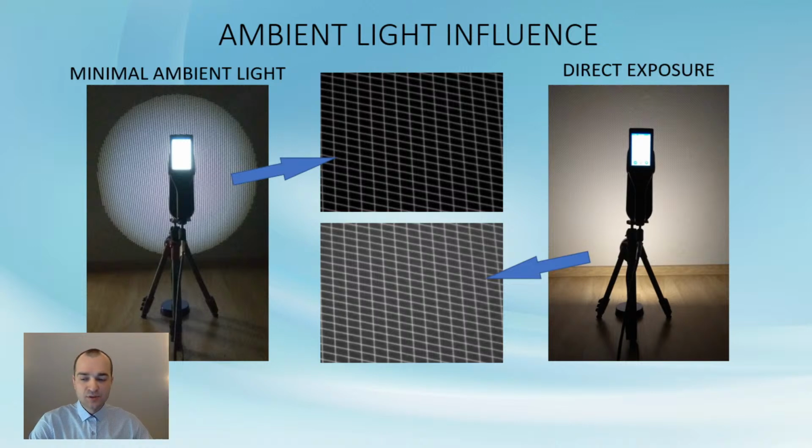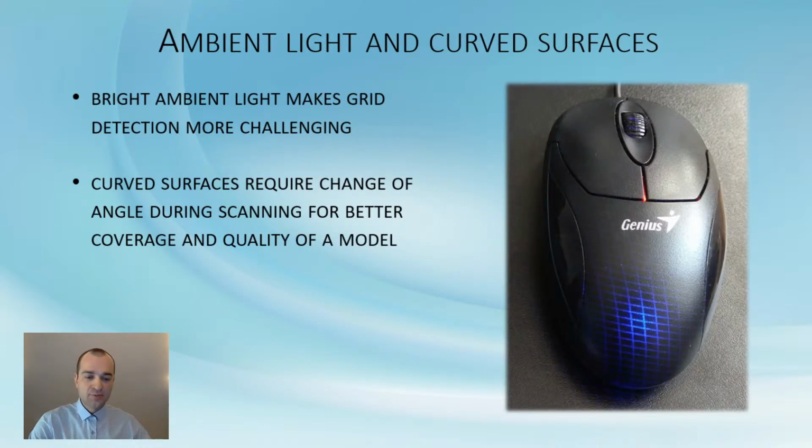And it's also true when we're scanning, let's say, objects which have a curvature, which happens quite often. So what you can see here, I'm using Calibry Mini over there, with a blue grid light, but the general idea, once again, is pretty much the same. If we have a source of light on the right, you can see that it's very difficult to detect the grid in those overlighted, overexposed areas.